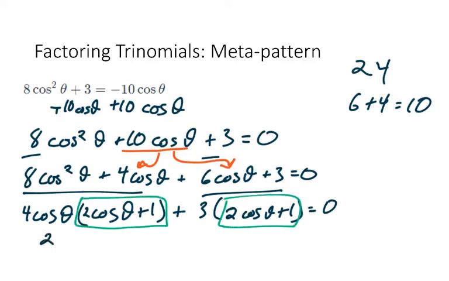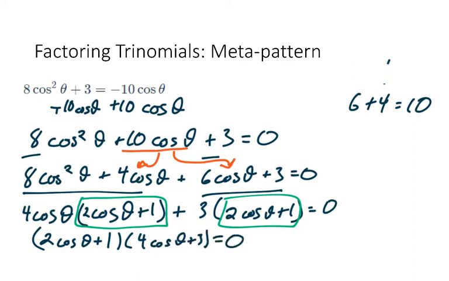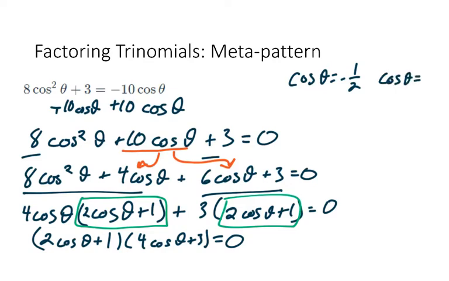So that'll be a 2 cosine theta plus 1 times a 4 cosine theta plus 3 equals 0. Now I can use the zero product property and solve these. So I'm going to have 2 different possibilities. That'll be a cosine theta equals negative 1/2, and a cosine theta equals negative 3/4.